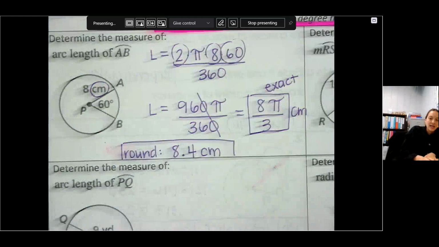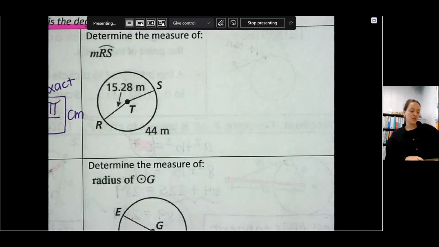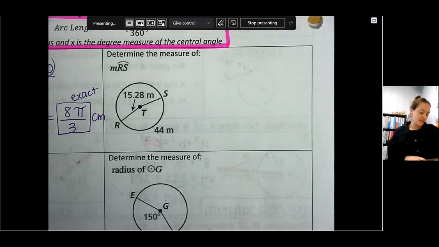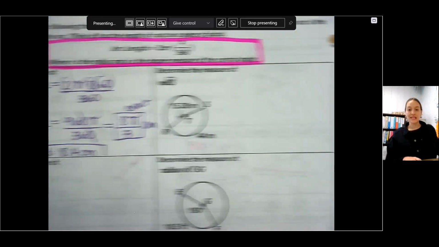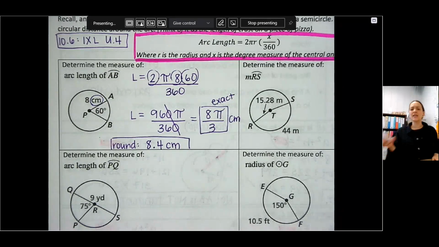Okay, why don't you try that next one, to the right of it. The measure of arc RS. So the length of RS. Just like how we did, try to do an exact and a rounded.